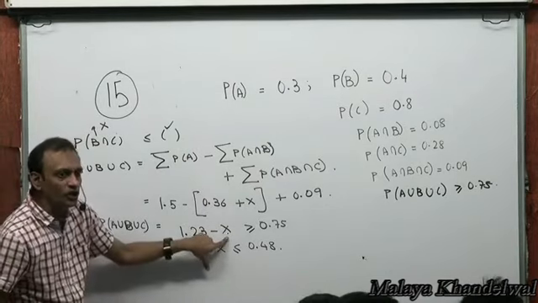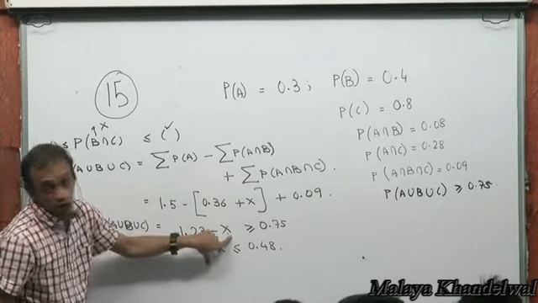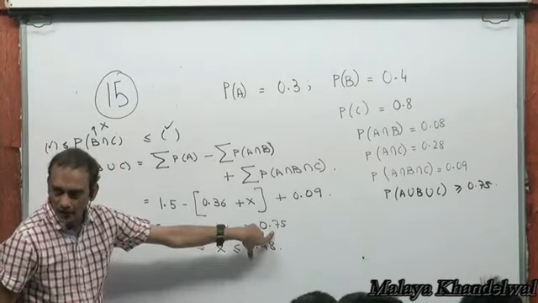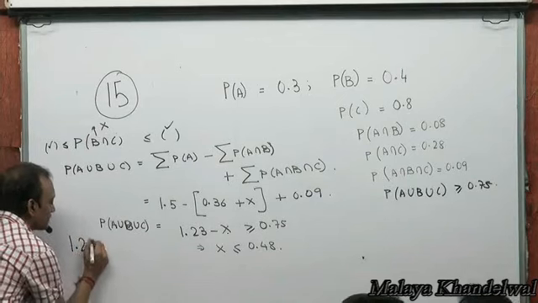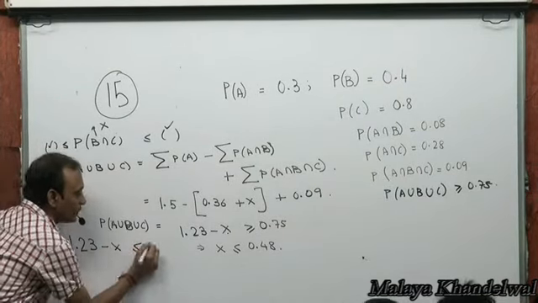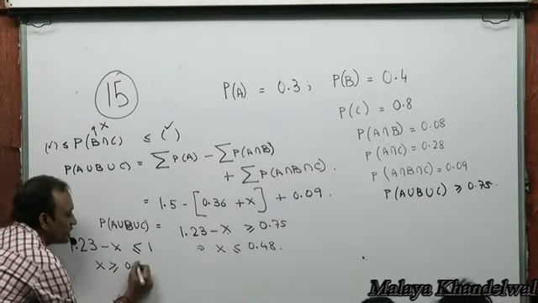Hey, but this will also be less than or equal to 1 because a probability cannot exceed 1. So 1.23 minus X should also be less than or equal to 1. We got X less than or equal to 0.48 out of this, and 1.23 minus X will always be less than or equal to 1. So this gives me X greater than or equal to 0.23.